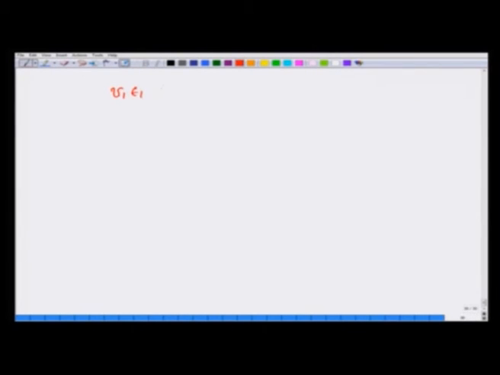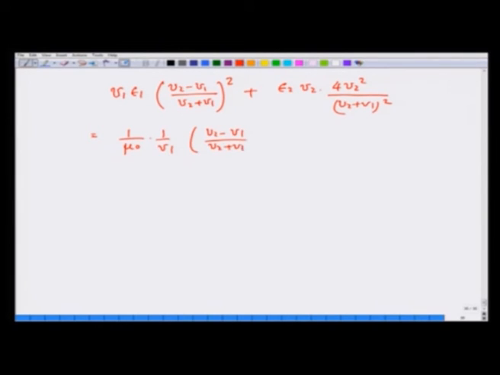And therefore, I can write this whole thing as V 1 epsilon 1 times ((V 2 minus V 1) over (V 2 plus V 1)) whole square plus epsilon 2 V 2 times 4 V 2 square over (V 2 plus V 1) whole square, as 1 over mu 0 times 1 over V 1 times ((V 2 minus V 1) over (V 2 plus V 1)) whole square plus epsilon 2 V 2 square is 1 over mu 0, 4 V 2 over (V 2 plus V 1) whole square.